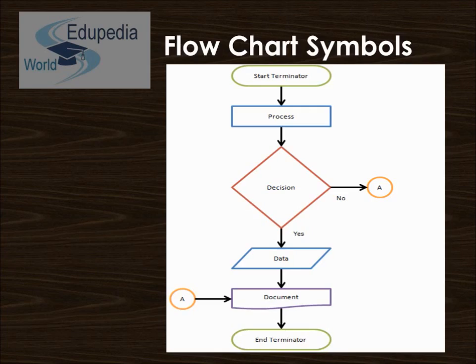It is connected to a document, which is used to indicate a document or a report related to your process or program. So this is how, through shapes, you can easily depict your entire process or entire program.